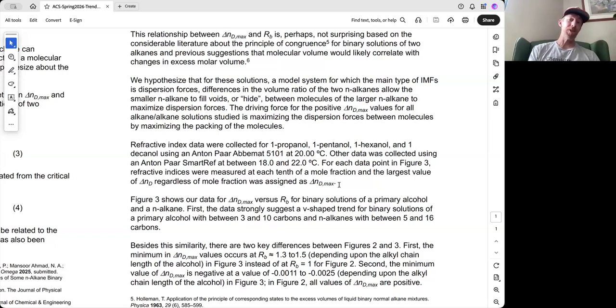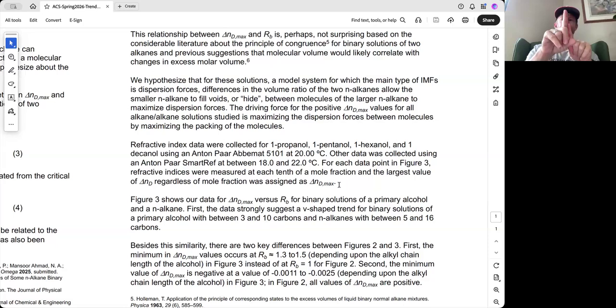You might get this question: how did you find the delta ND max values? And what you can say is that when the chain lengths are similar, regardless of whether it's an alcohol and an alkane or an alkane and an alkane, the mole fraction of delta ND max was typically 0.5.